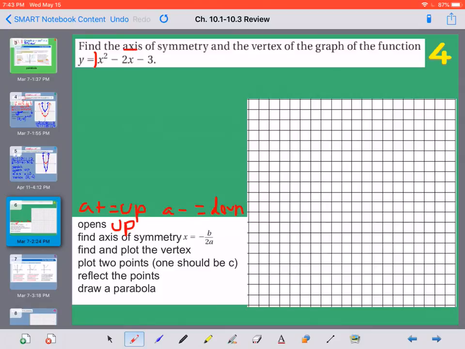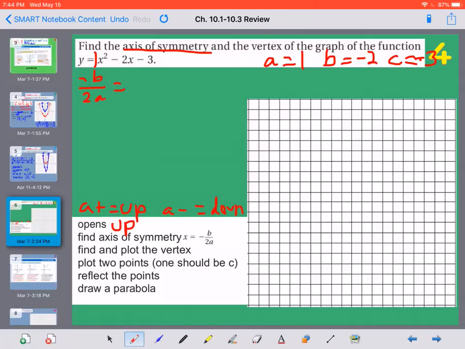Now it says find the axis of symmetry. To find the axis of symmetry, we need to use the formula negative b divided by 2a. My a in this case is 1. My b comes next, which is negative 2. And my c is negative 3.